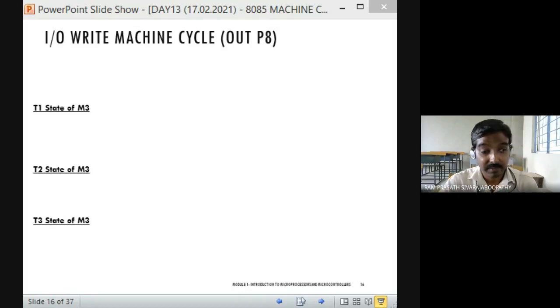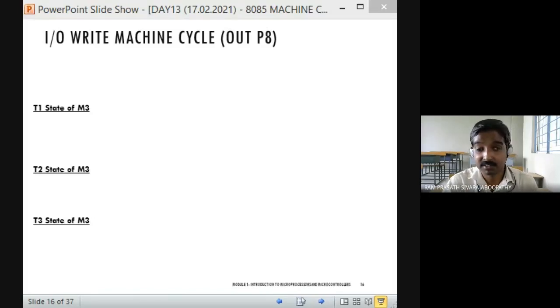I have typed it in the chat, kindly refer to it. For example, OUT 40H, so D3 40. OUT 40 means D3 is the opcode for the OUT instruction, and 40 is the address.